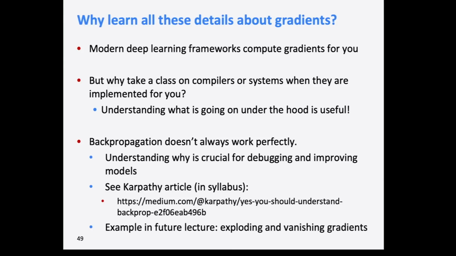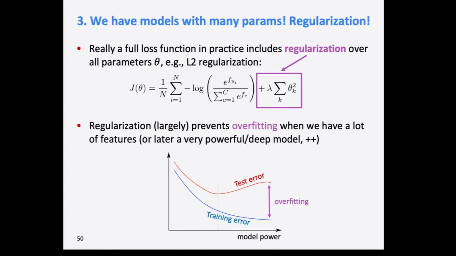Indeed, week after next, Abby is going to lecture about recurrent neural networks, and that's one place where you can easily fail in doing backpropagation. Does anyone have any questions about backpropagation and computation graphs?